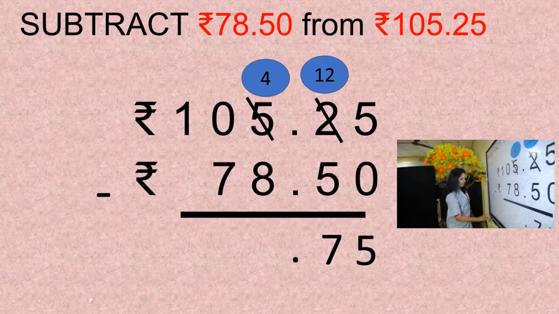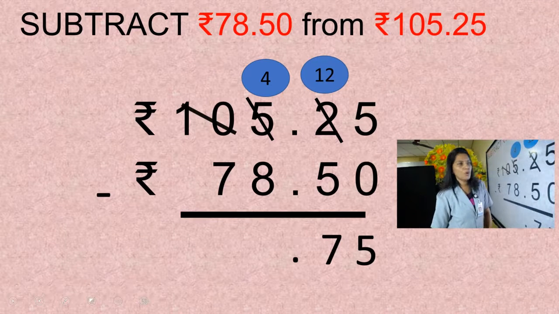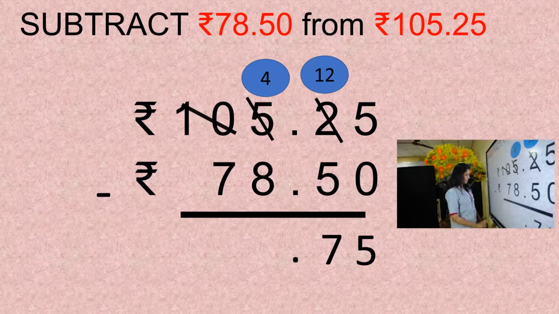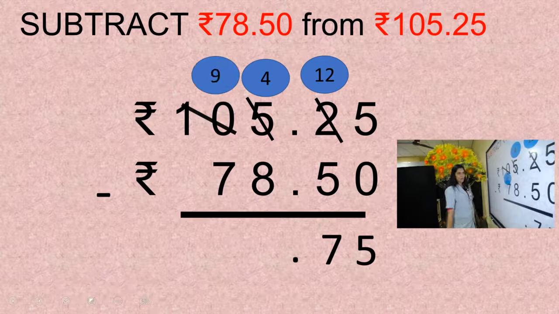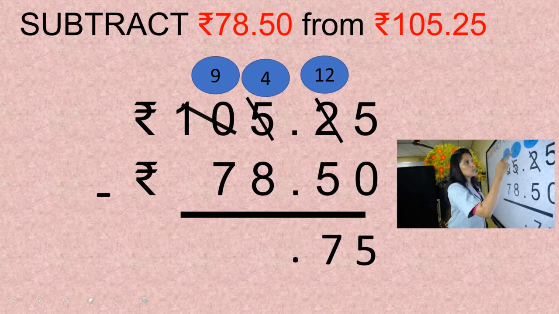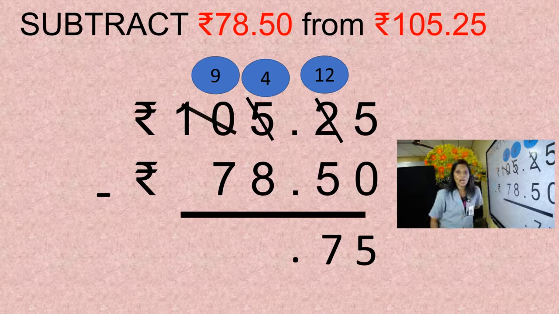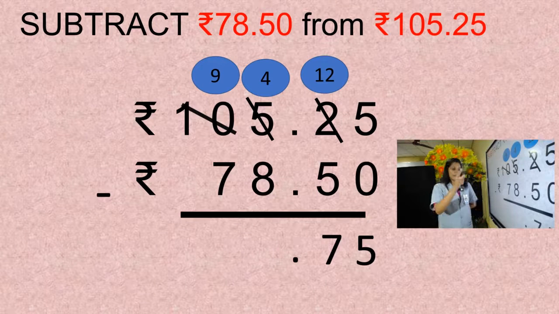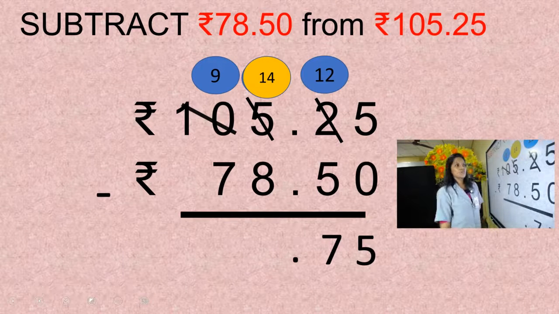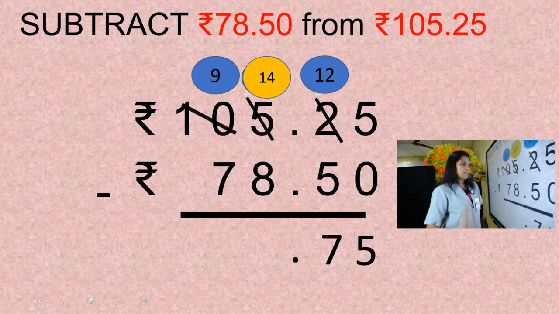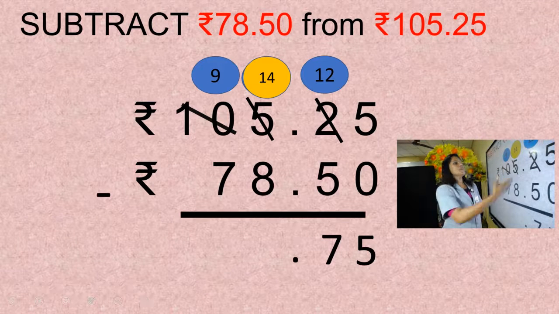So cancel 10 and write 9, when you remove 1. But here you have to put 1 with this 4, and this 4 becomes 14. Now it is easy for you to reduce.